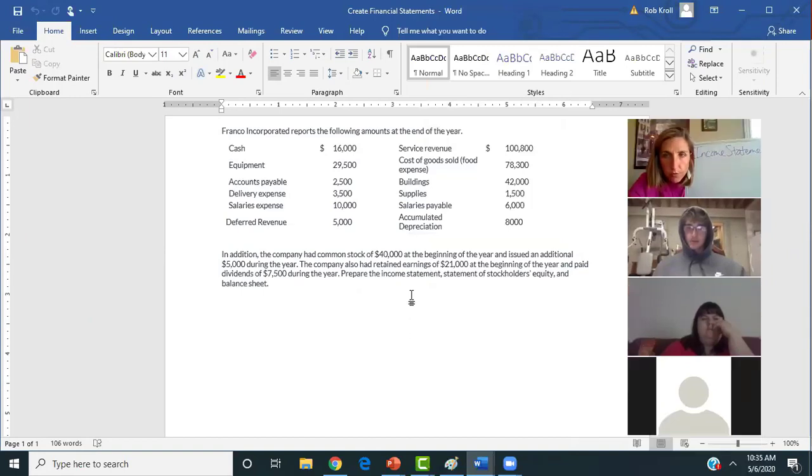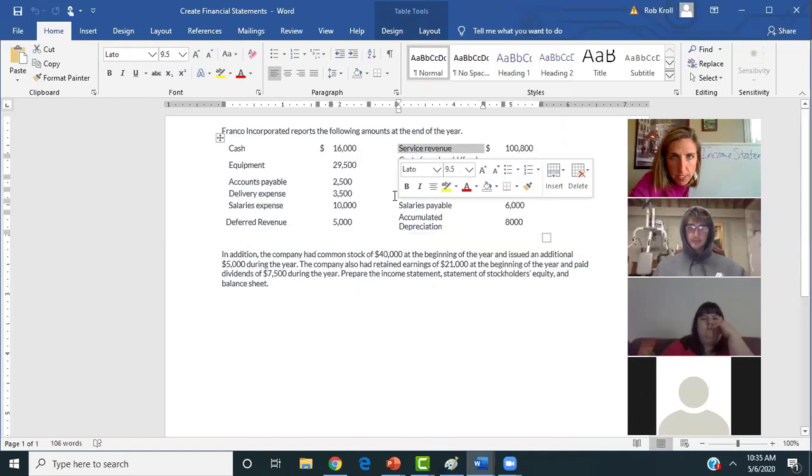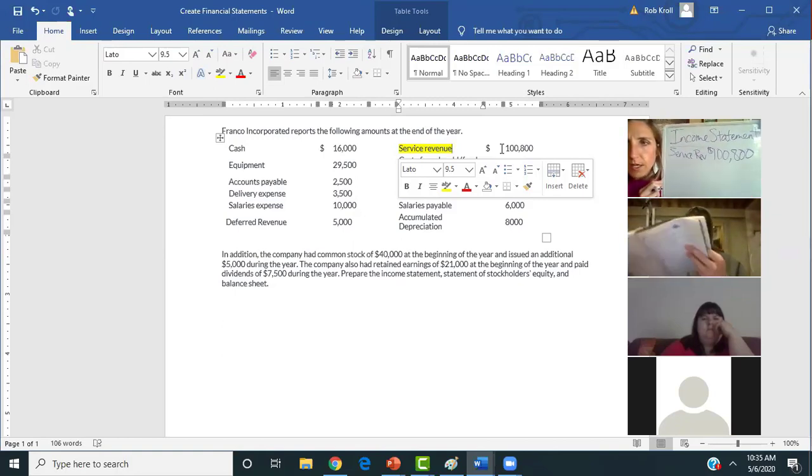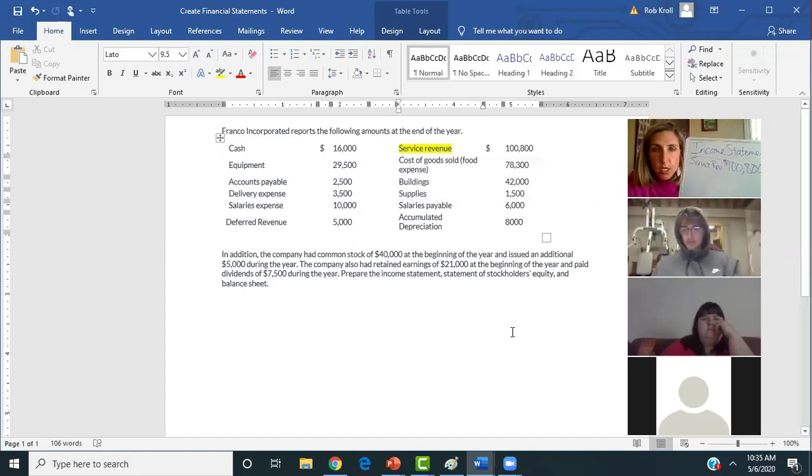So your first account you want to list, I'm going to highlight them as I write them down, is service revenue. And it says that it is $100,000. I'm going to abbreviate 100,800. And you're going to write down cost of goods sold because it's a major expense.